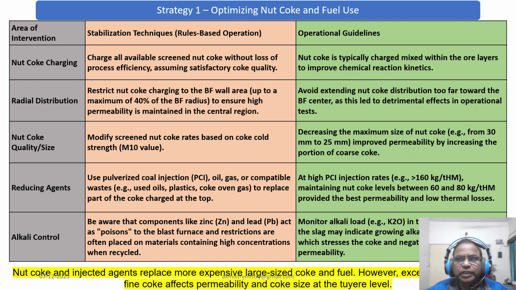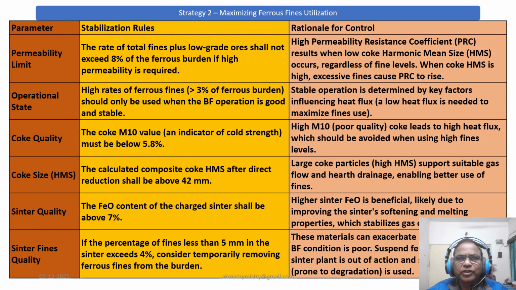For coke quality, the Micum 10 value, which is an indicator of cold strength, must be below 5.8%. High Micum 10 coke, which signals poor quality, leads to high heat flux, which should be avoided when using high fines level. The calculated composite coke harmonic mean size HMS after direct reduction shall be above 42 millimeter.